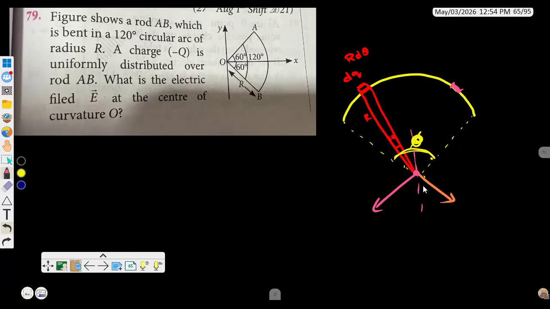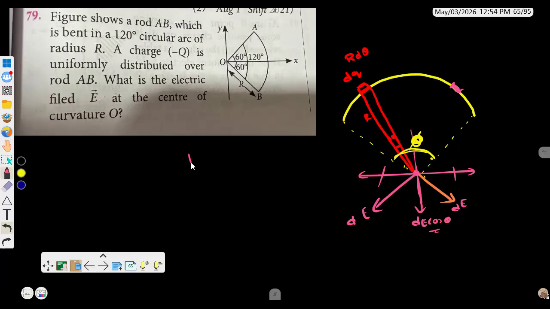We will be left only with the cos components. The sine components will get cancelled out. So first we'll find out dE, then we'll integrate with cos theta, and then we'll get the final answer.